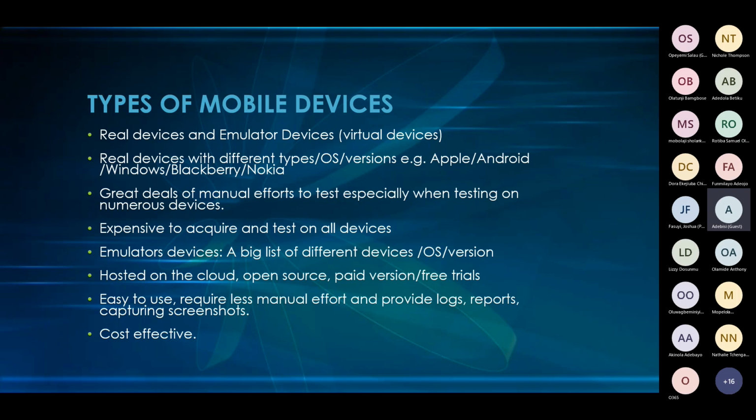Then there is a great deal of manual effort to test, especially when testing on numerous devices. So the emulators are the best when you want to run your test on devices, because you will have enough test coverage, as it has so many devices you can use.